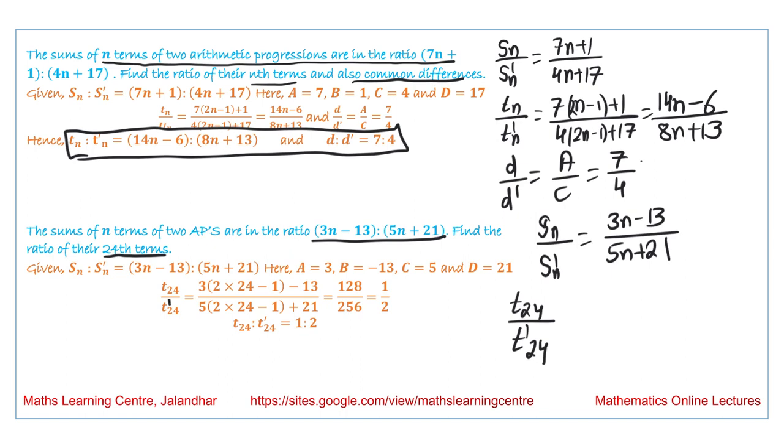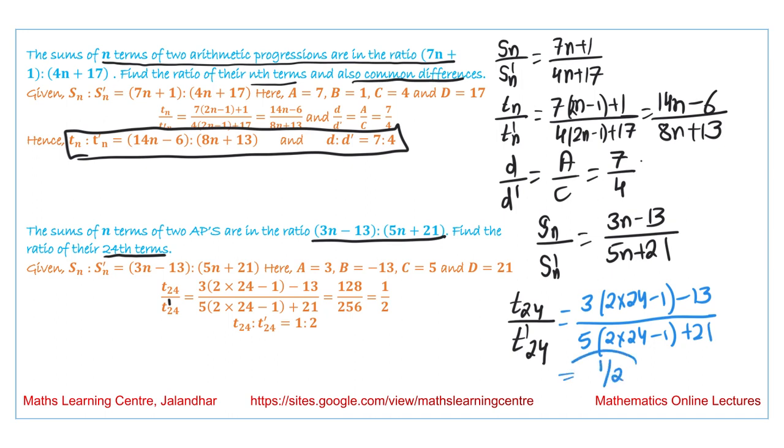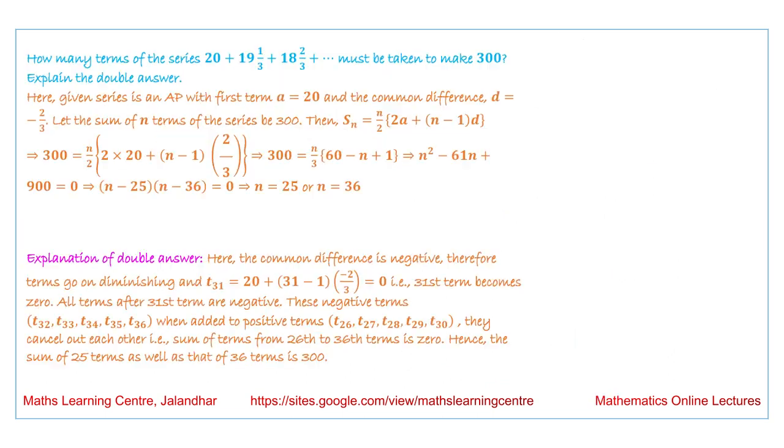The formula gives (3(2·24 − 1) − 13) divided by (5(2·24 − 1) + 21), and the answer we obtain is 1 by 2. So the ratio of the 24th terms of these two sequences is 1:2.